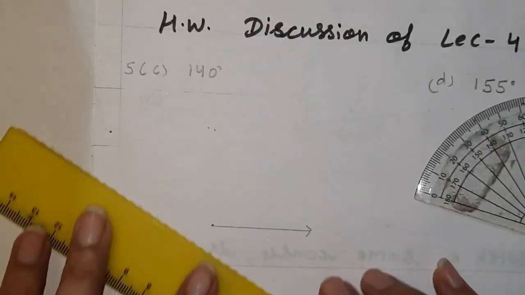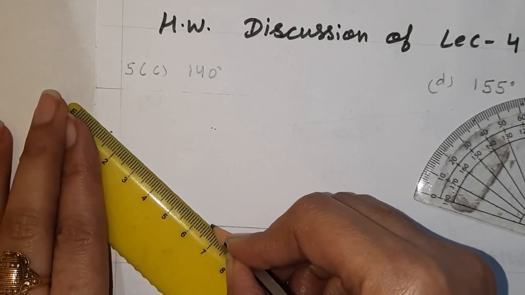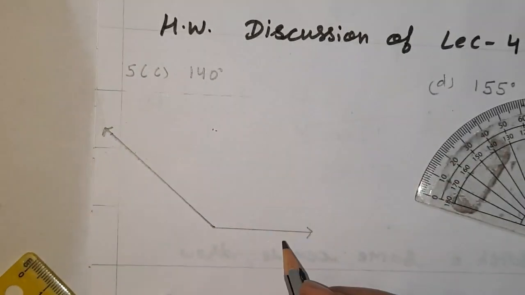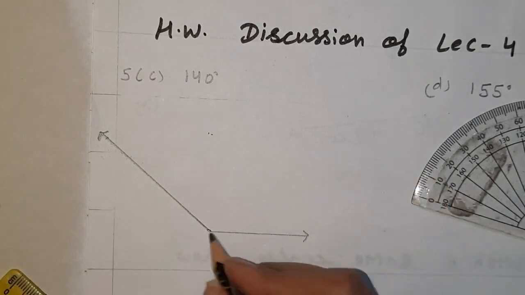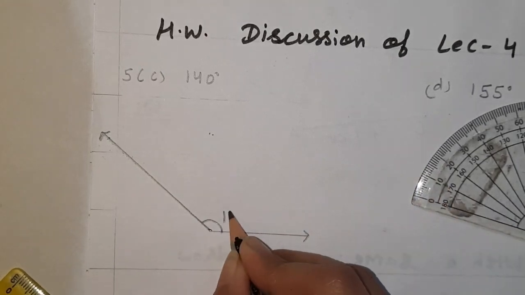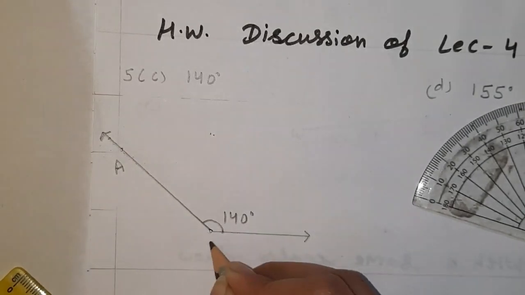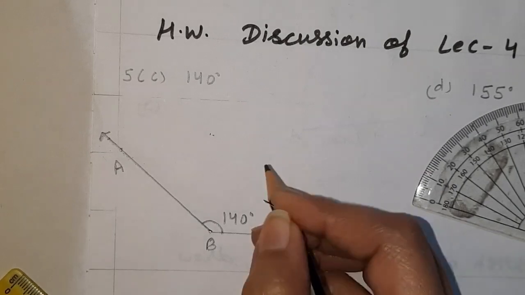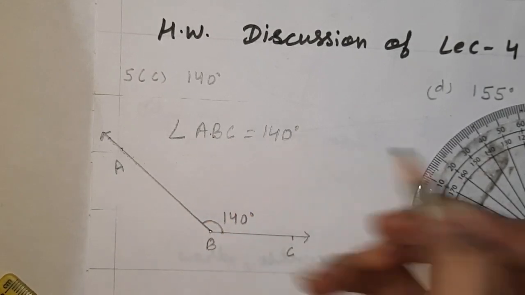Now remove this and draw the ray. If you are taking line segment, then take line segment everywhere. Don't take one line segment and one ray. 140 degree. Give the name A, B, C. So angle ABC is equal to 140 degree.